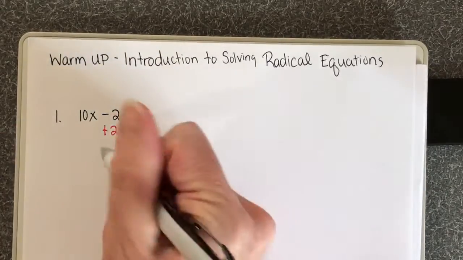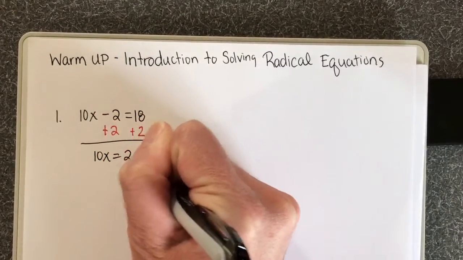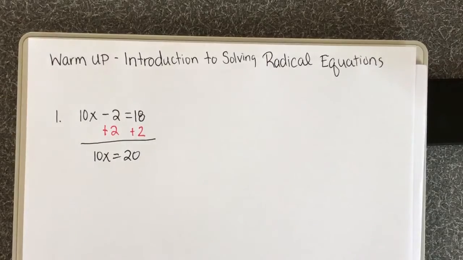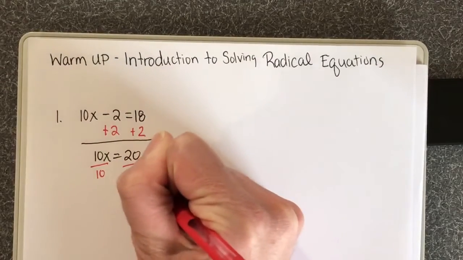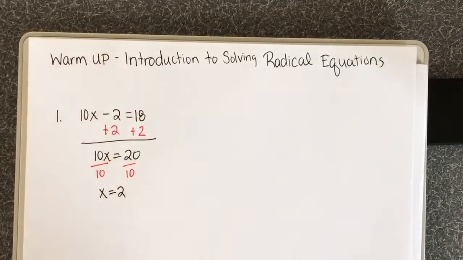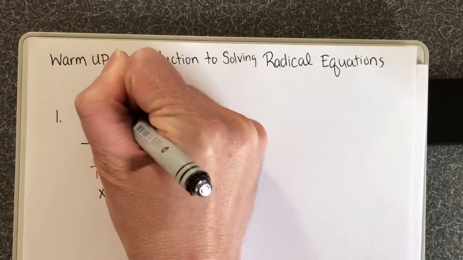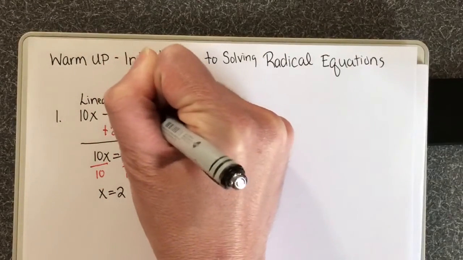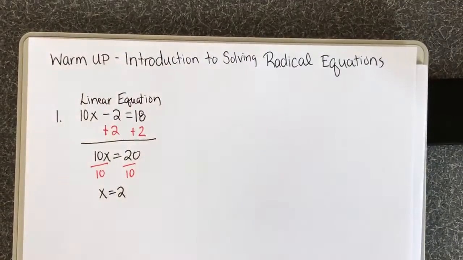Then you get 10x equals 20. Then to undo multiplication, you use division. So you're going to divide both sides by 10, and x is equal to 2. Now, this is a linear equation, which means it's going to have one solution.